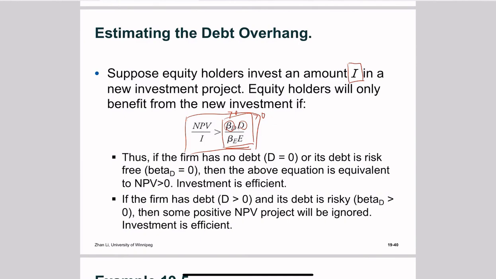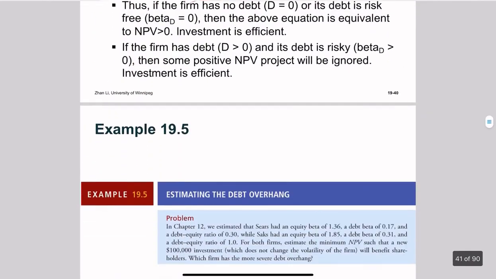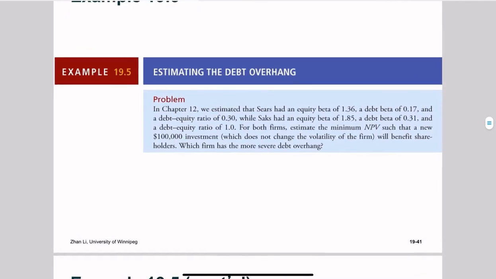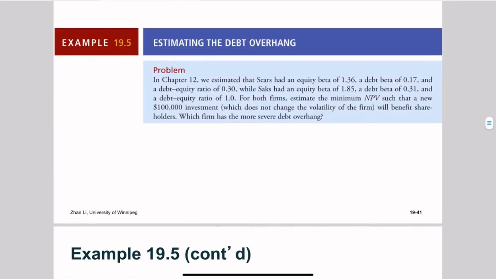Okay, now let's look at the following problem to understand this formula. Let's say we have two firms, Sears and Saks Fifth Avenue.